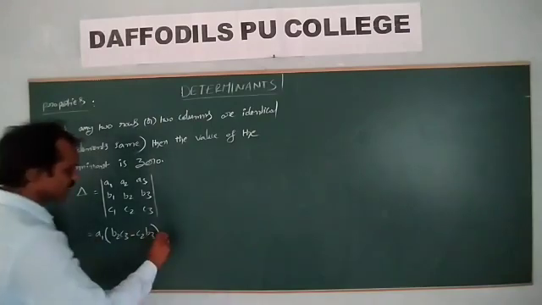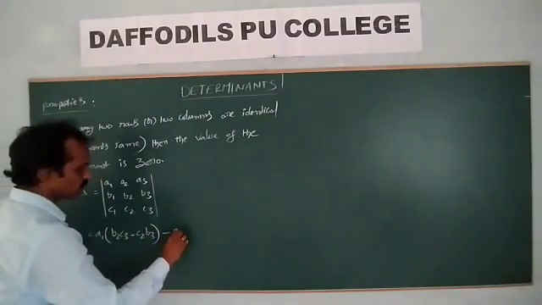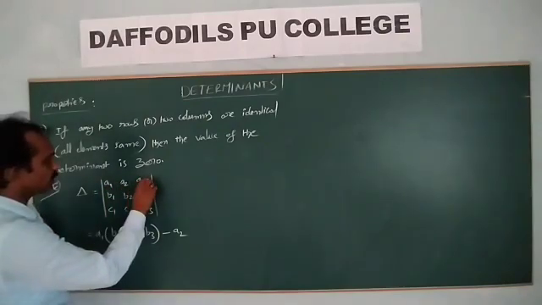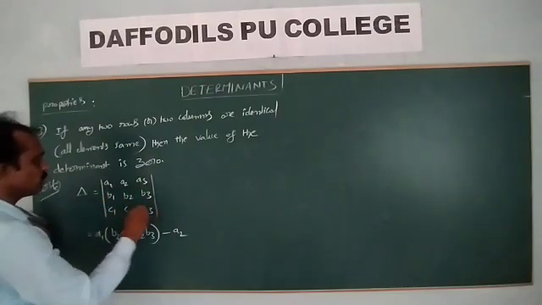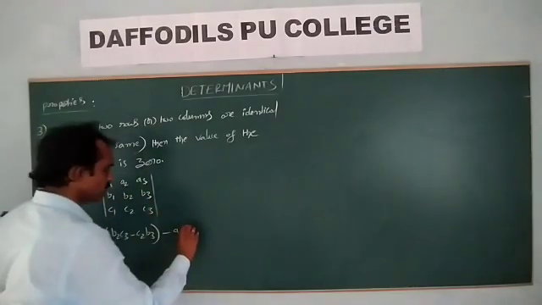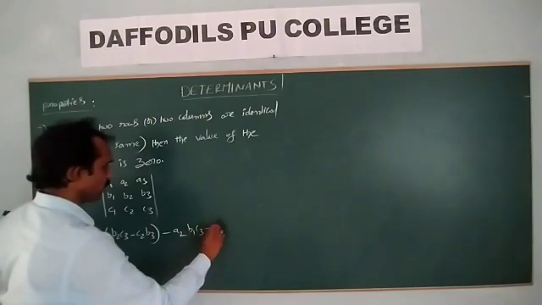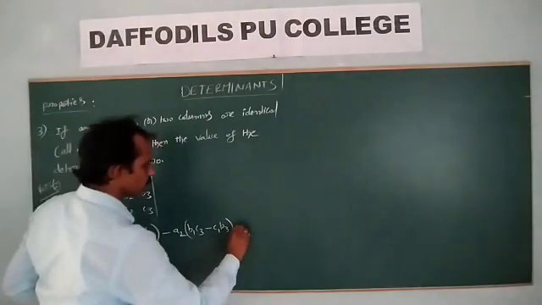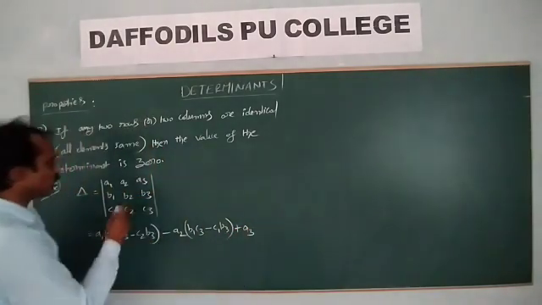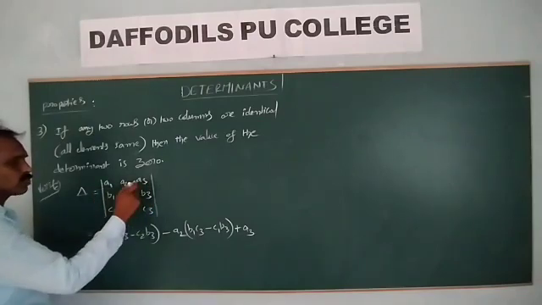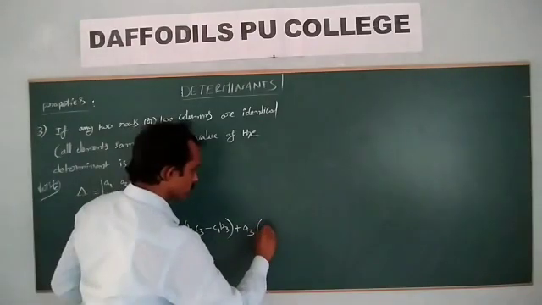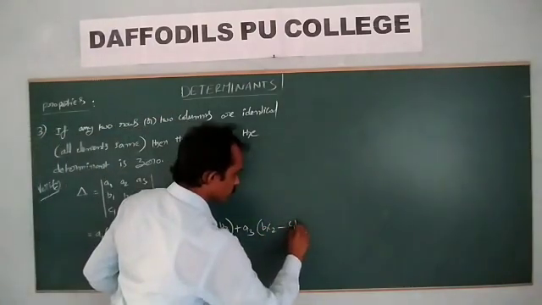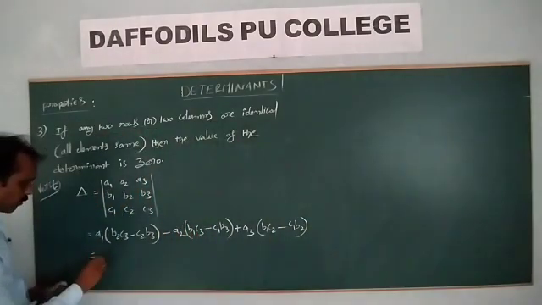Next term minus; remember this also. Deleting the corresponding column and row, the remaining B1, B3, C1, C3 determinant gives B1 C3 minus C1 B3. Afterwards plus A3 of deleting this row and this column: B1 C2 minus C1 B2.